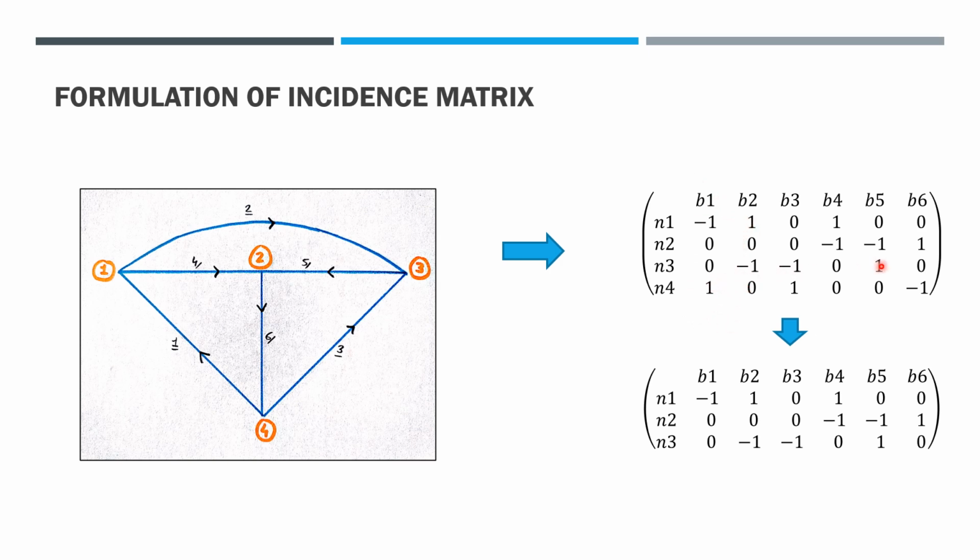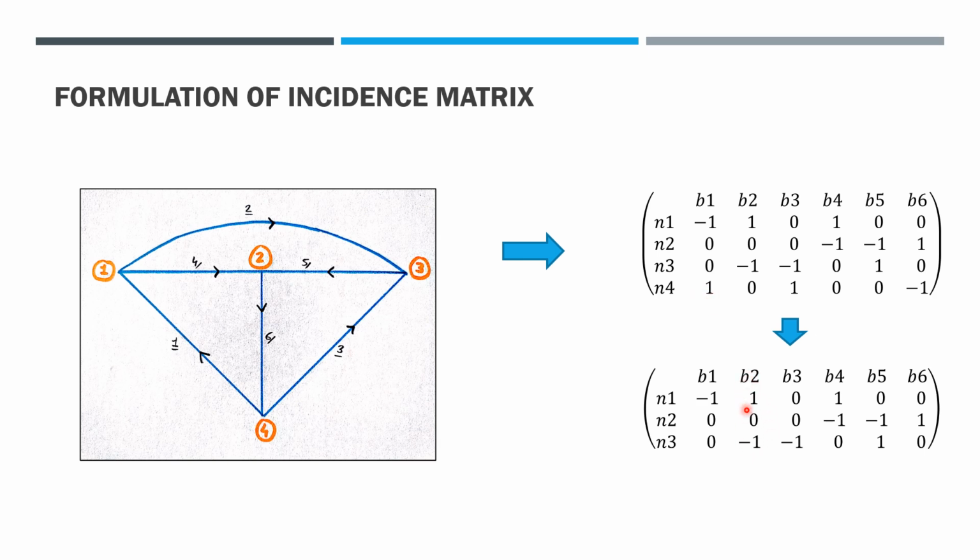So if one of these rows is not given, we can calculate it from the other 3 rows. For example, if node 4 is not given, we can calculate it from row 1, row 2 and row 3. Let's calculate it here. Here we can observe that there is a minus 1, so there must be a 1 so that the summation can be 0. So here the element will be 1.